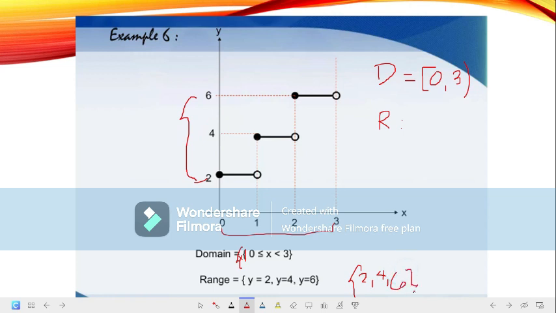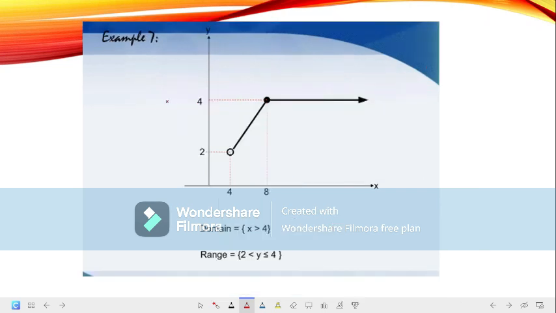We will just use the set notation, simply listing down the elements of the y set or y values. Okay, let us proceed to the next example. Now, what about this one?